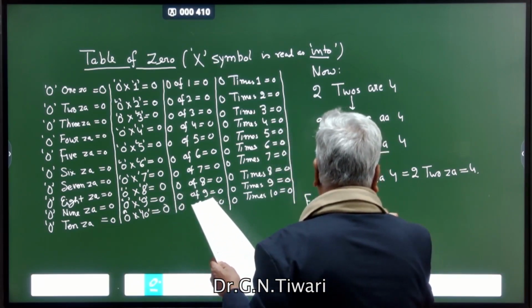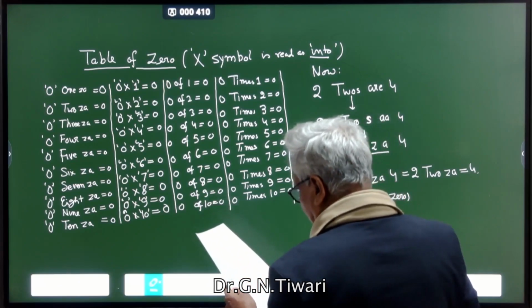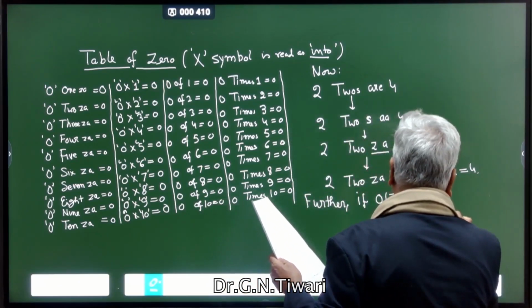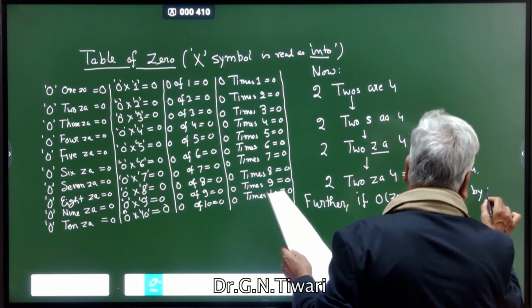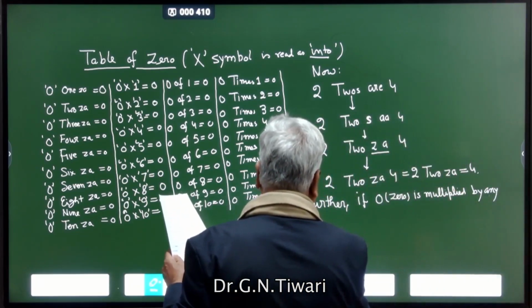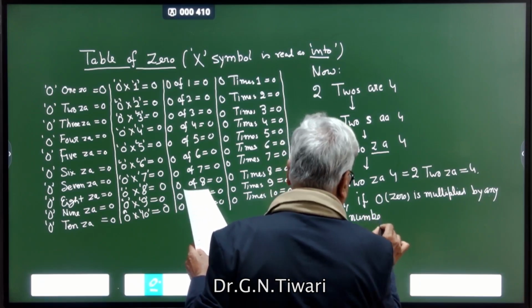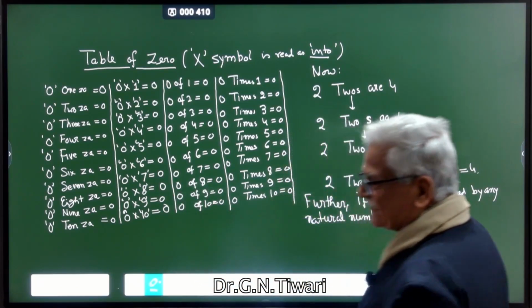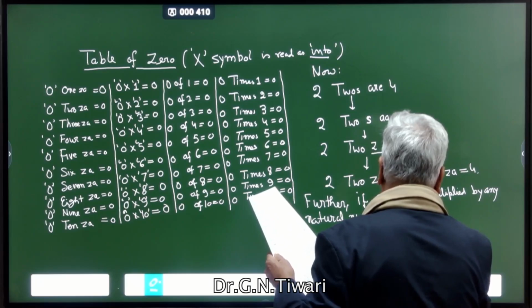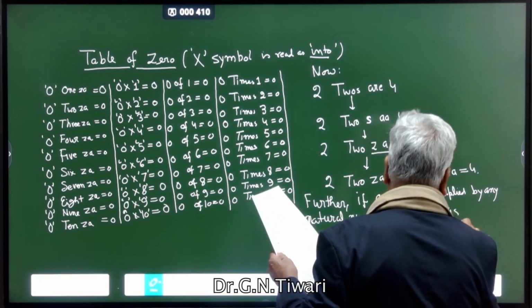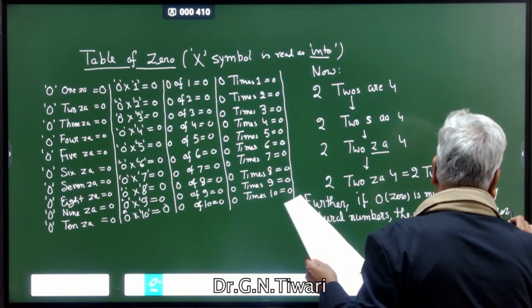Further, if 0 is multiplied by any natural number, whether it is 1 digit or 2 digits, the result is always 0.